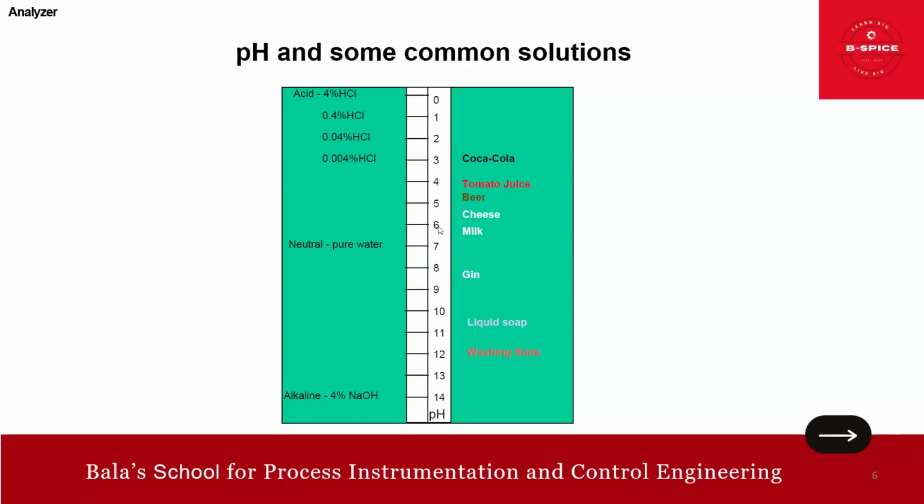Then you see 6 to 7 milk. Then after 7, this is neutral, pure water is neutral. Then gin, you can see 8 to 9. Then you have liquid soap at 10 to 11. Then washing soda here in this area. So these are the things, friends, just to give you some idea.